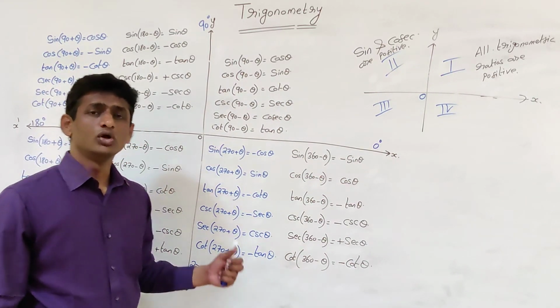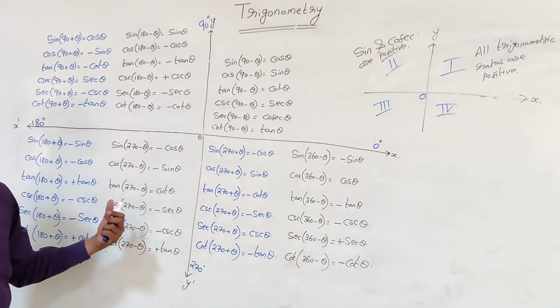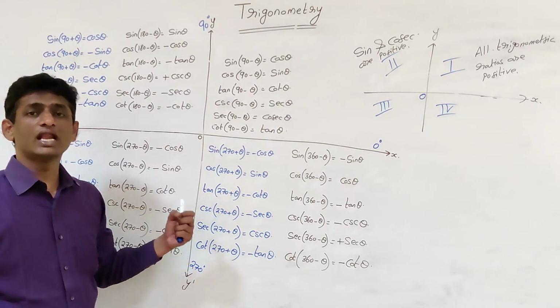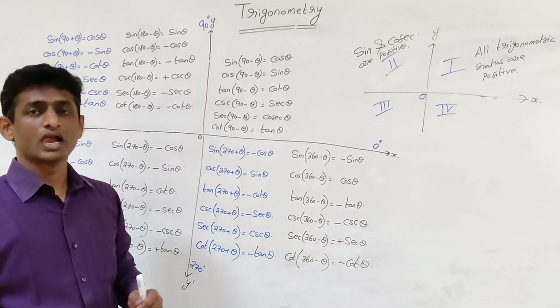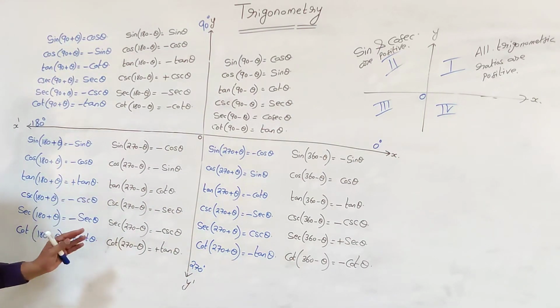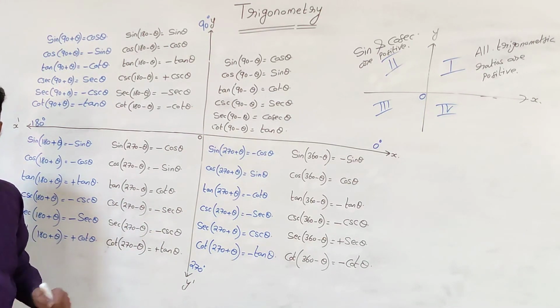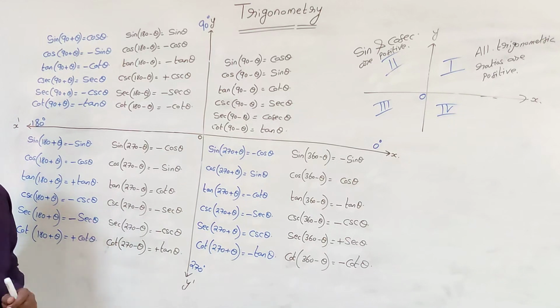Now coming to 180 plus theta or 270 minus theta, the angles lie in the third quadrant, and in the third quadrant only two of them will be positive and the others negative. Let's see which are positive and which are negative.